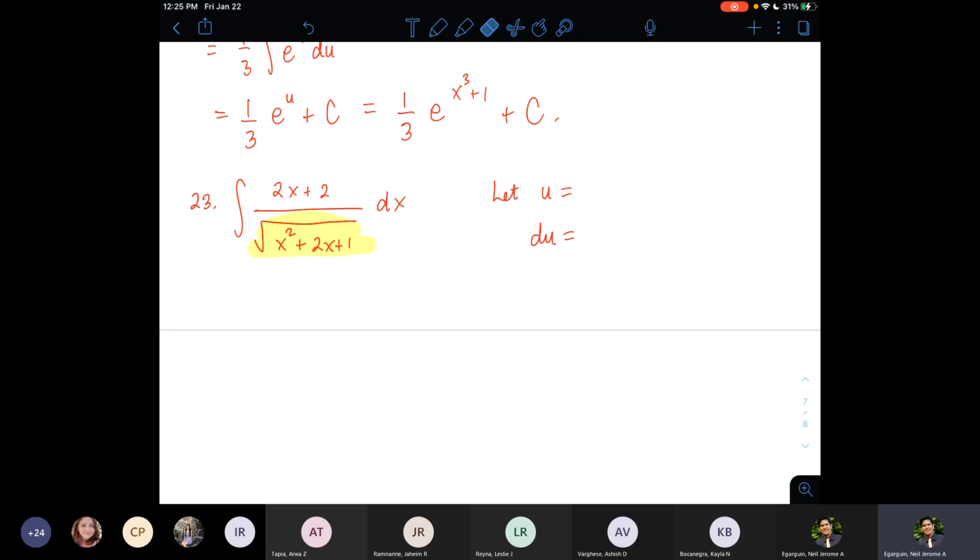I'll start with that. Working with a square root is my last resort. So probably let's write the radicand, just the radicand from the denominator. So I let u be equal to x squared plus 2x plus 1, all right? And if that is the case, then du will just be (2x plus 2) dx.